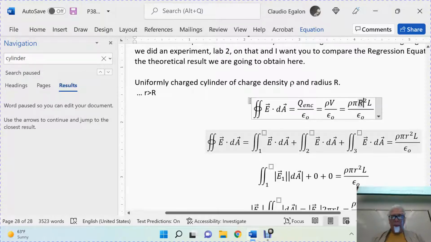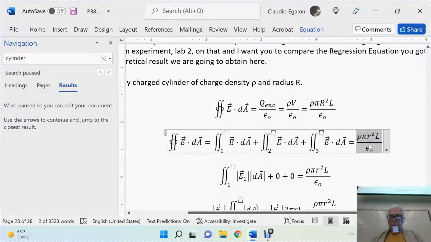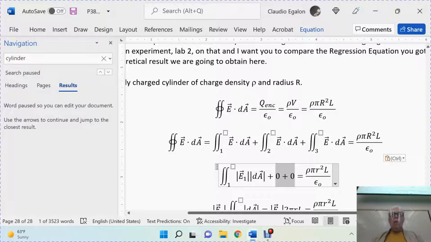We get E dot dA here is going to be 3 surfaces: 1, 2, 3. The contribution of the other 2 surfaces, the caps of the cylinder, is zero, because the electric field has a radial direction, which is perpendicular to the area vector of those 2 caps.